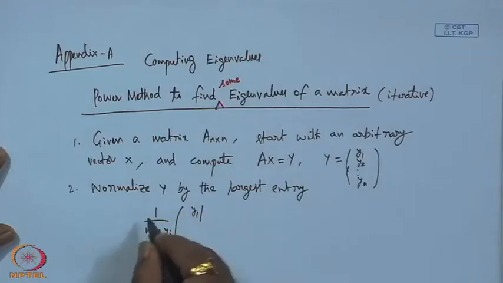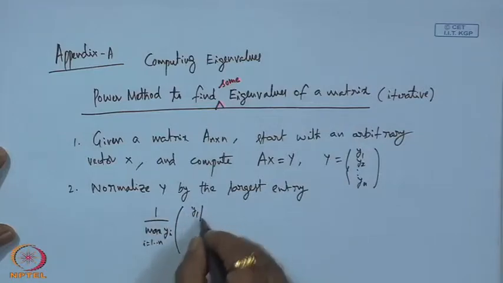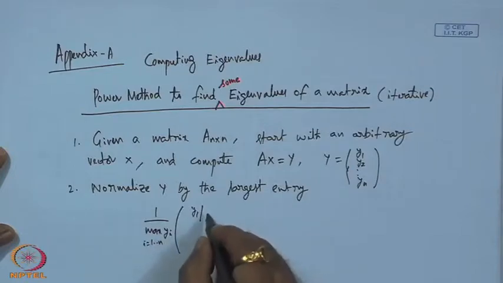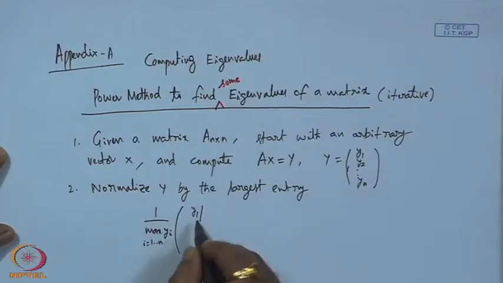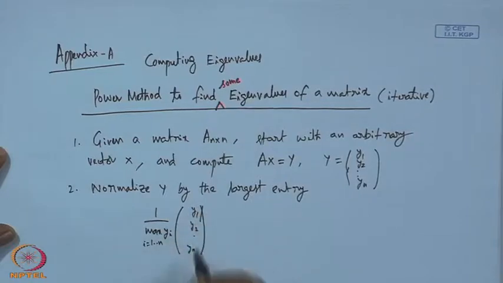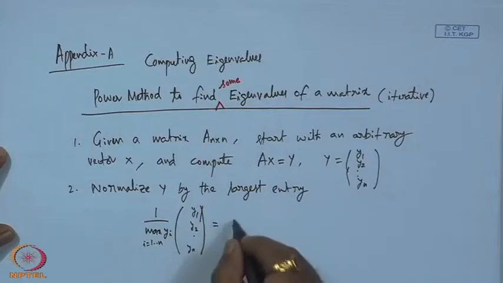Okay. We normalize. So, you get some y star.